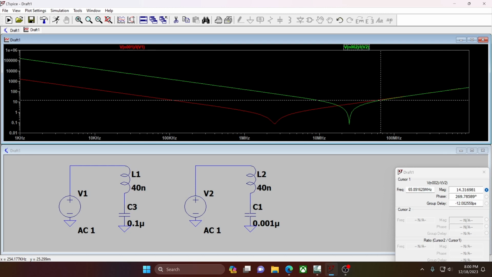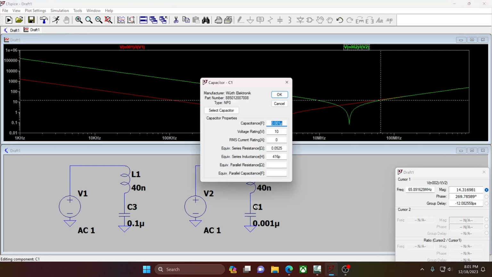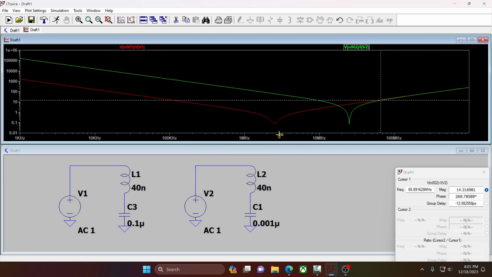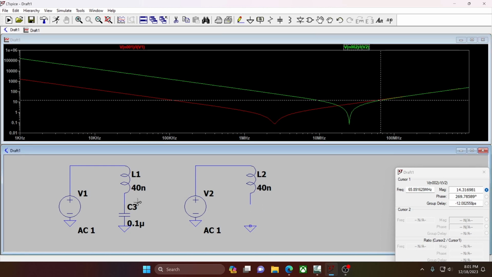Okay, one other thing I want to check is, actually, you know what we're going to do? We're going to take that out. We're going to bring that one back. Then we're going to take that going on there. That's probably a good thing to do anyways.